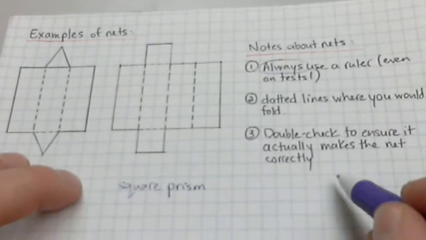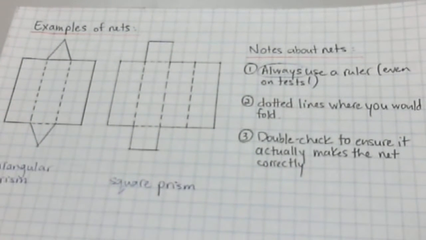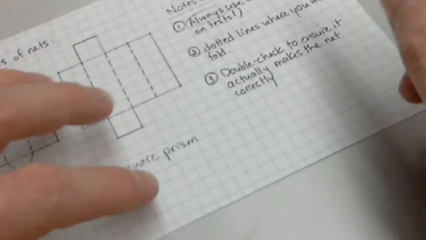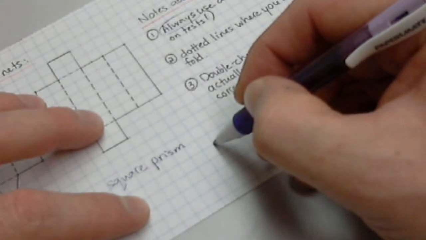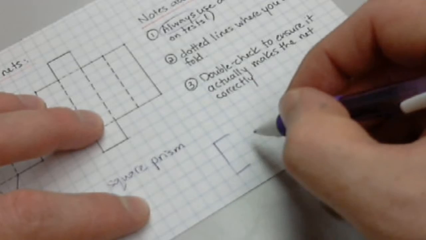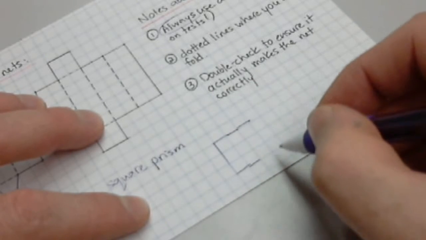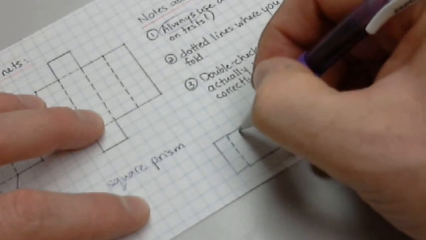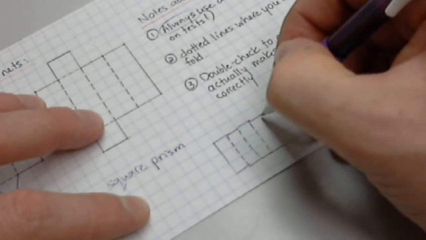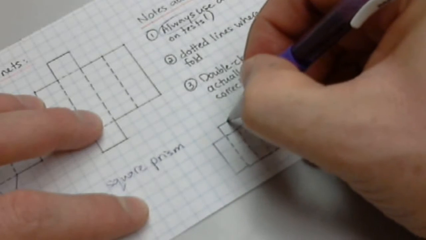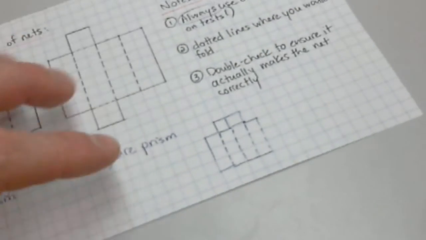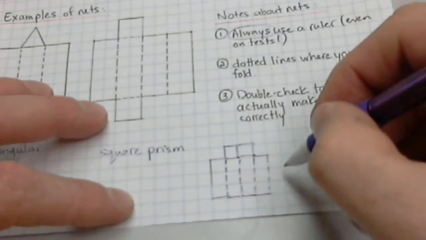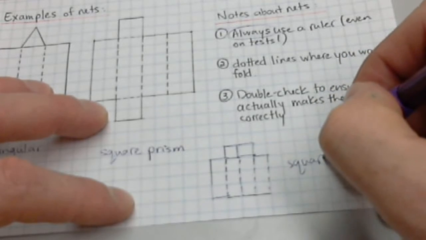Okay. Lastly, please double check to ensure that it actually makes the net correctly. Every once in a while, I will get a net that looks something like this. And someone will say, this is the net of a square prism.